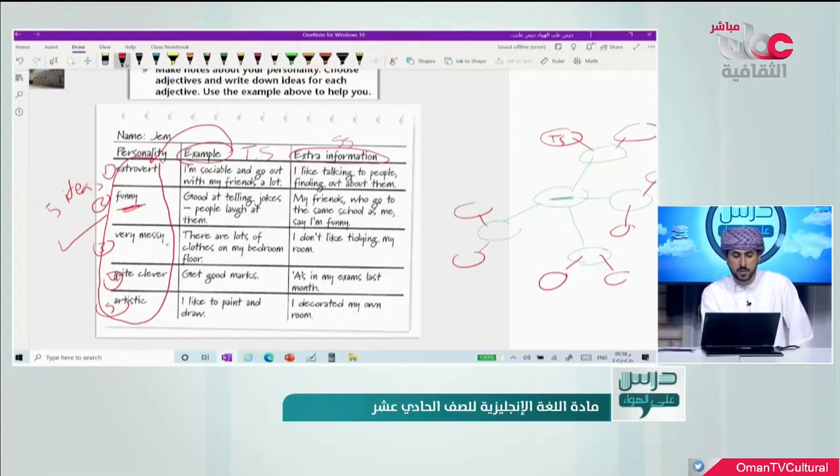Here we have very messy, not tidy. There are lots of clothes on my bedroom floor. Okay, so it means that Jim is not tidy. More examples, supporting sentences. I don't like tidying my room.